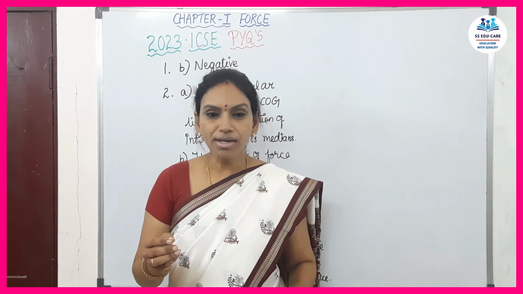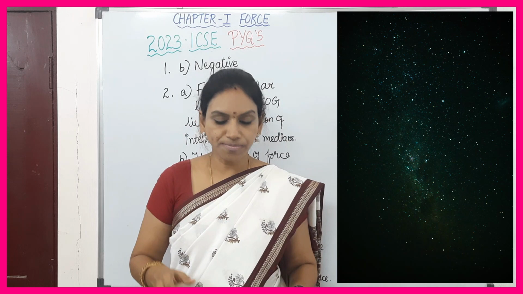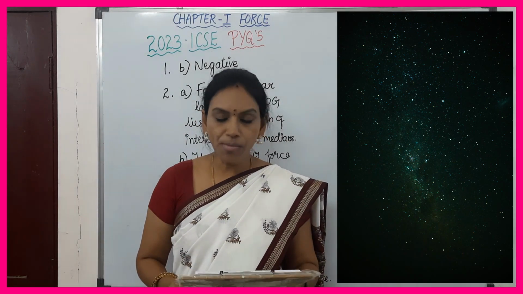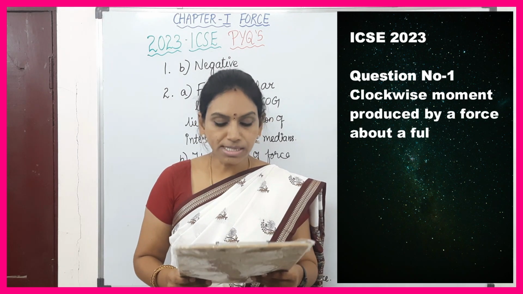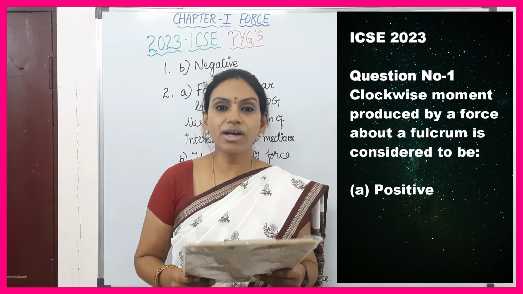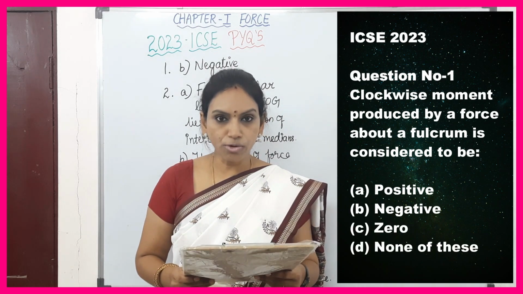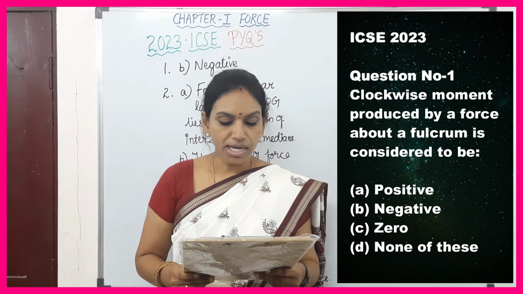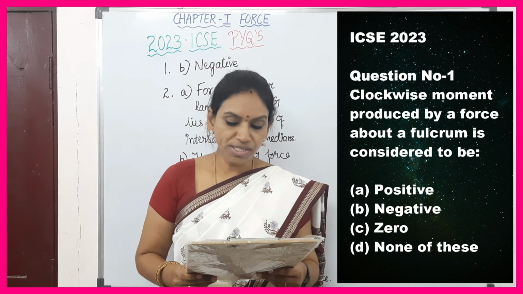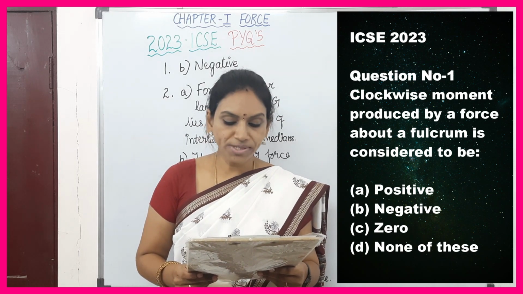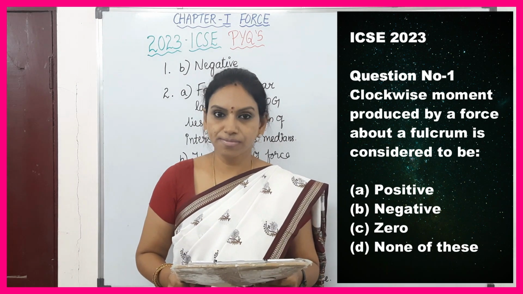In Section 1, there's a question from the Force chapter. The question is: clockwise moment produced by a force about a fulcrum is considered to be: option A, positive; option B, negative; option C, 0; and option D, none of these.